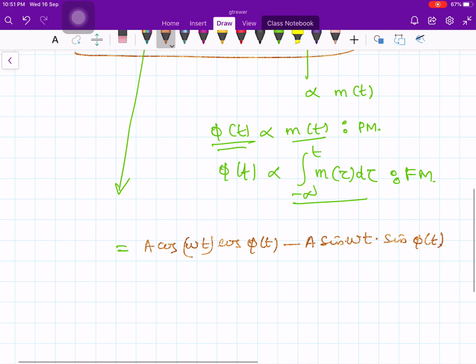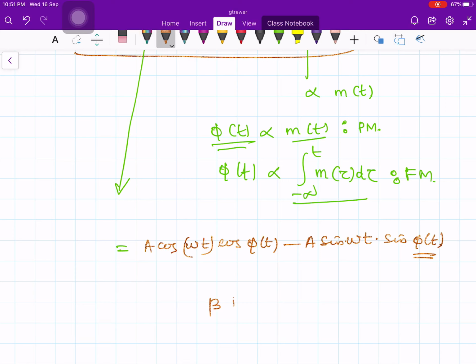Now for narrowband FM or narrowband angle modulated signal, what can you say about this phi(t)? Are there any properties that you can ascribe to phi(t) when the angle modulation we have is narrowband in nature? What was the condition for narrowband FM?